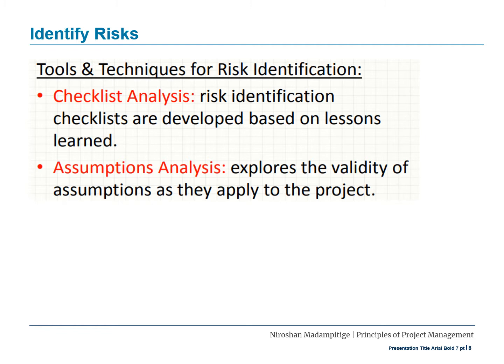Another tool that is used for identifying risk is checklist analysis. Risk identification checklists are developed based on lessons learned. Assumptions analysis explores the validity of assumptions as they apply to the project.